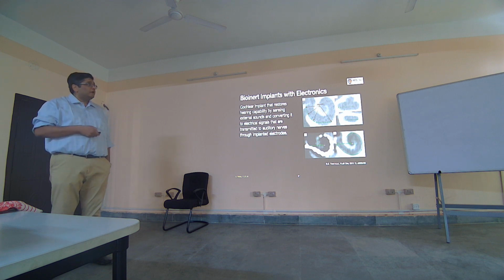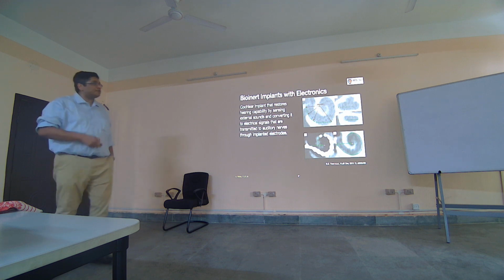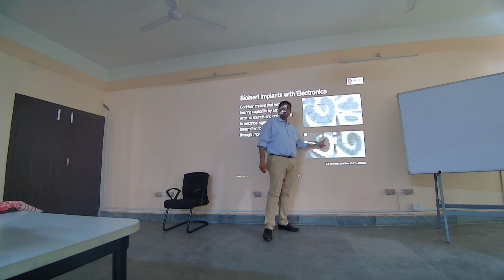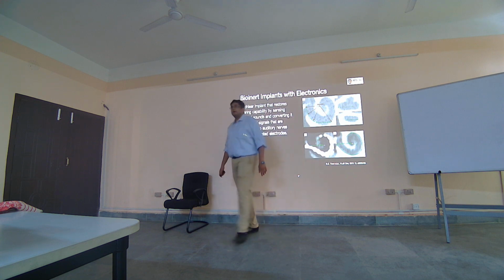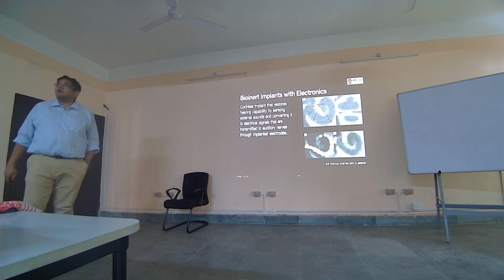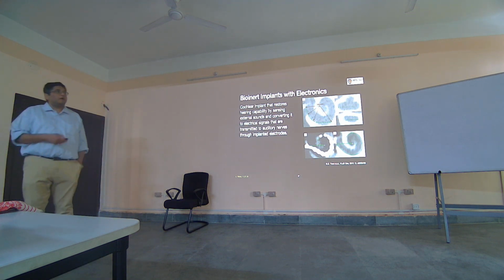So this has been demonstrated using implants. So here is the cochlea. Now the challenge here is that you have this very weird coil shape, right? So to put the implant in, you need to first image it, manufacture the right implant, and then stick it in. And we've had some success in getting people who had loss of hearing to be able to hear by sticking a sensor into the body.